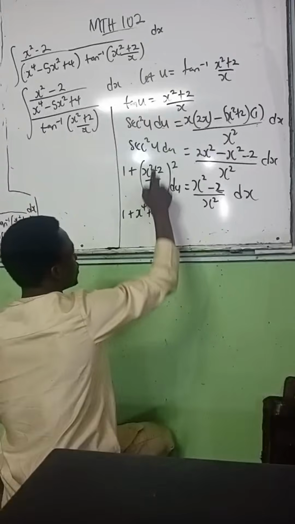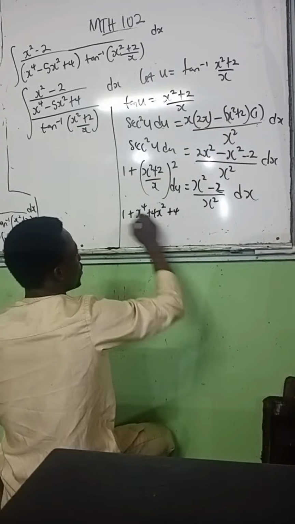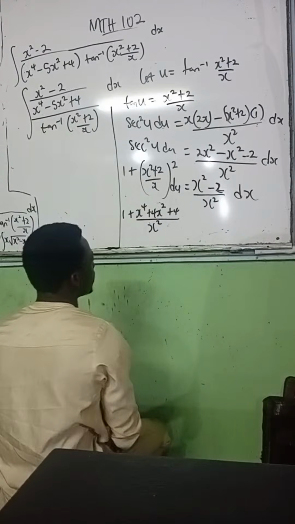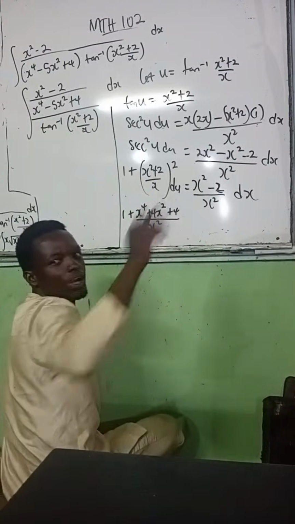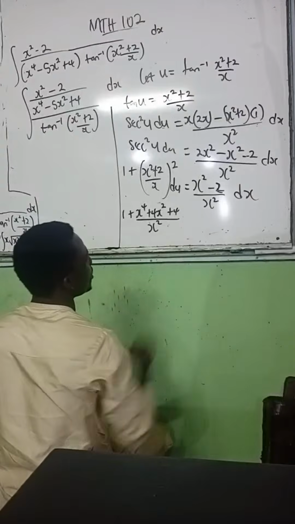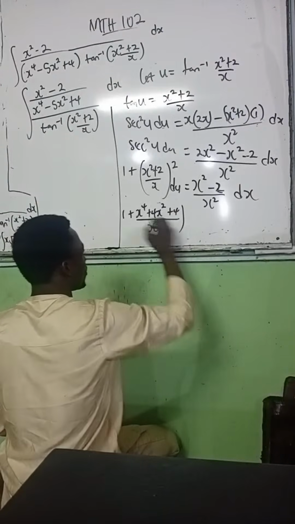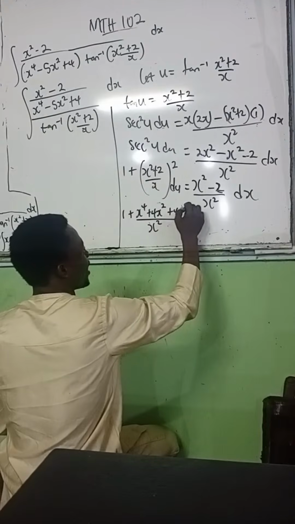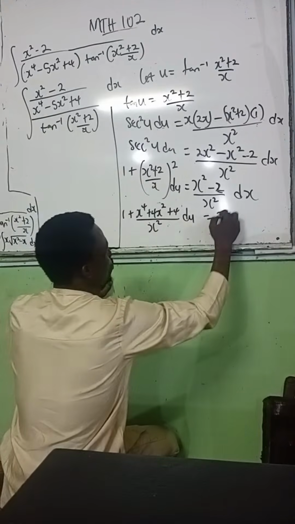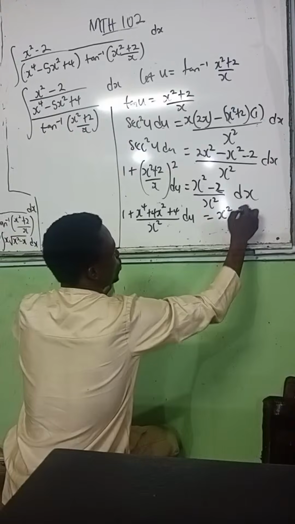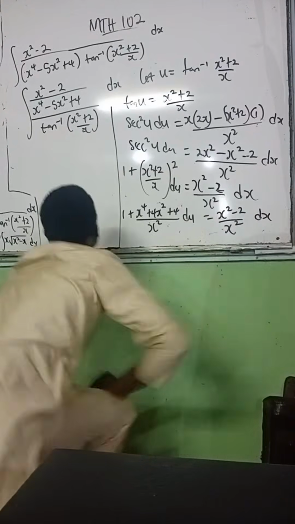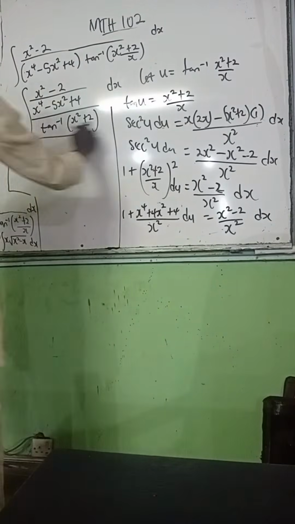So we have du equals (x squared minus 2) over x squared dx.